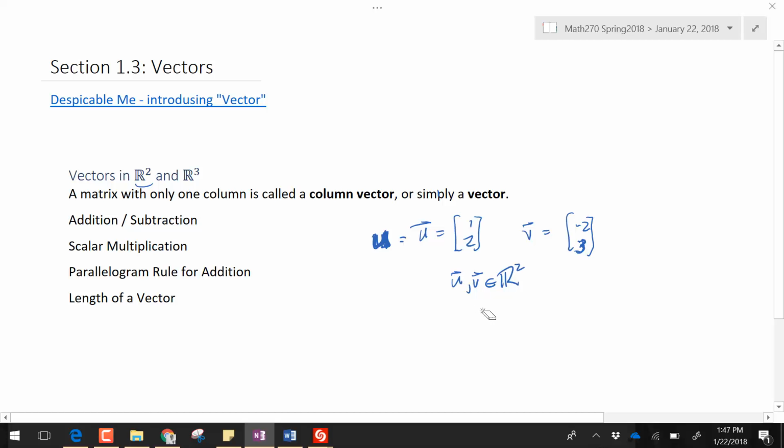It looks like an epsilon-like symbol. Anybody know what the symbol means? It's in, belongs to, part of a set. Okay, is an element of. So U and V is an element of, or is in, R2.